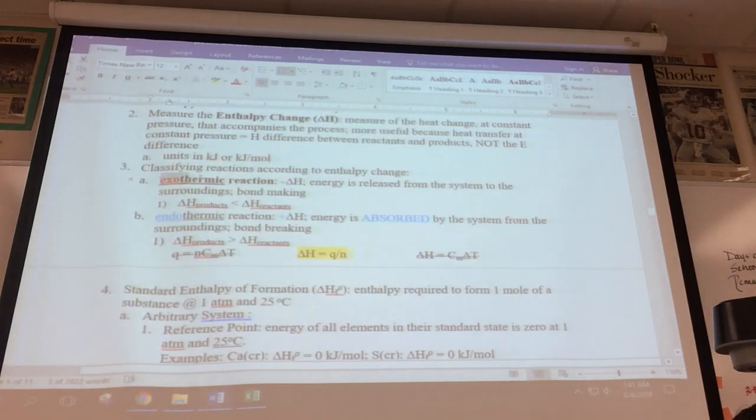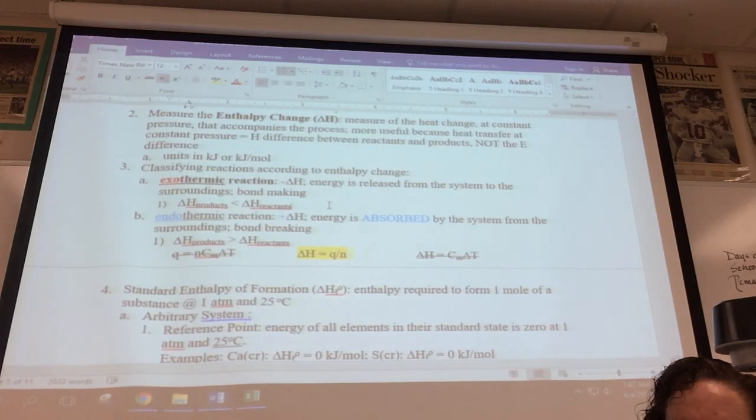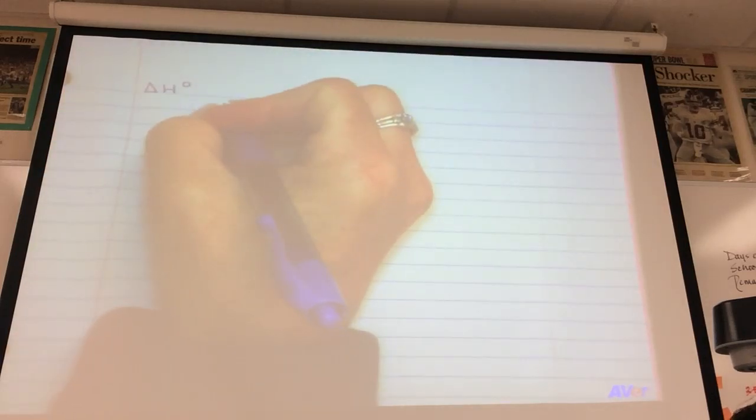We already mentioned exothermic reactions where heat or energy is released from the system to the surroundings. You find this with bond making, so typically your synthesis reactions. And let's diagram that out a little bit better because this is a very important concept. What you're going to see momentarily is that the change in enthalpy under standard conditions, 1 atmosphere of pressure for gases, 25 degrees Celsius as the temperature.